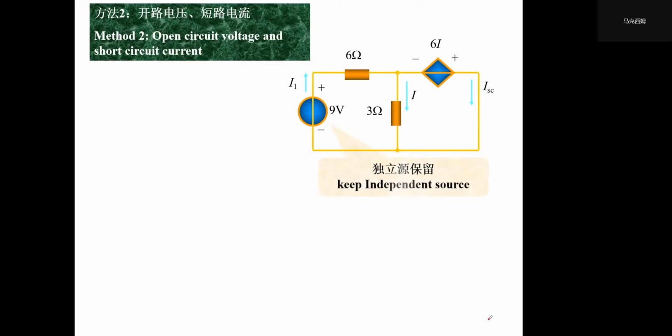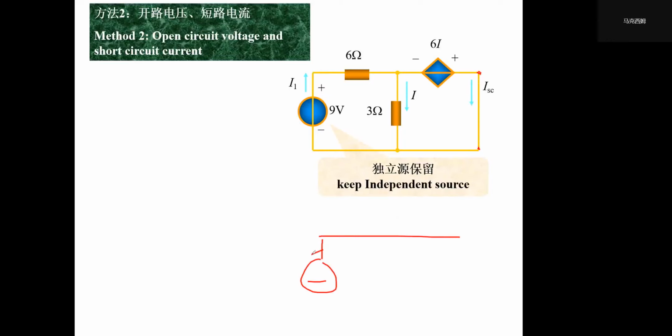So the other, method 2, we can find the open circuit voltage and short circuit current. This time, if we short circuit here, we leave this voltage source here. We can transform it into a familiar form.